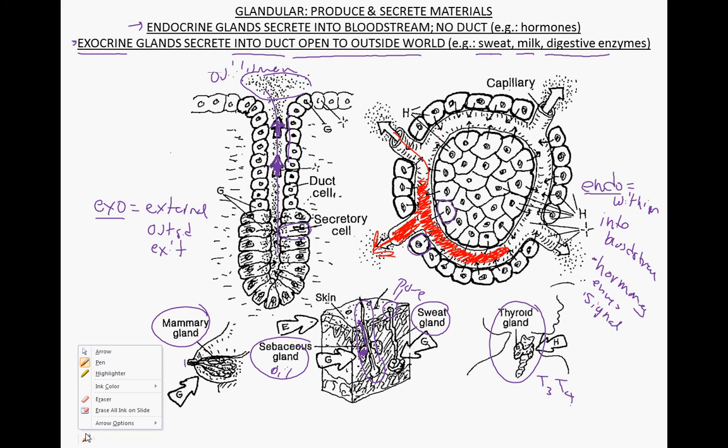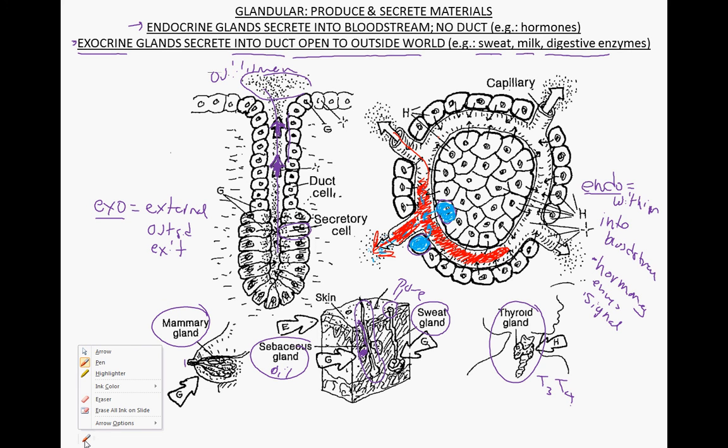So this is the epithelial cell here. And the secretions from these are ending up in the bloodstream here. That's what all these light blue dots are. So the hormone would be produced by those. So endocrine gland: secretions directly into the bloodstream. Exocrine glands: into a duct that's open to the outside world.